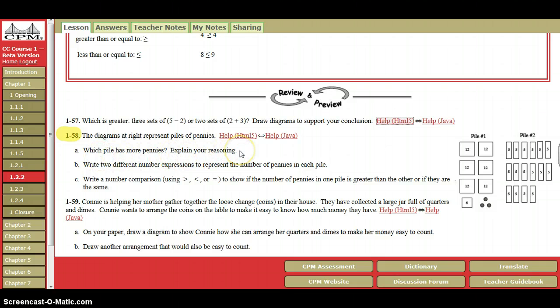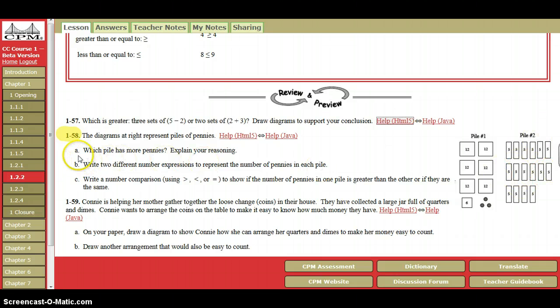Explain your reasoning. You're going to want to write your sentence similar to this. I think that pile, whether it be number 1 or number 2, has more pennies because it has however many groups of 12, 1 group of 6, and 3 extra pennies, or because it has however many groups of 5.